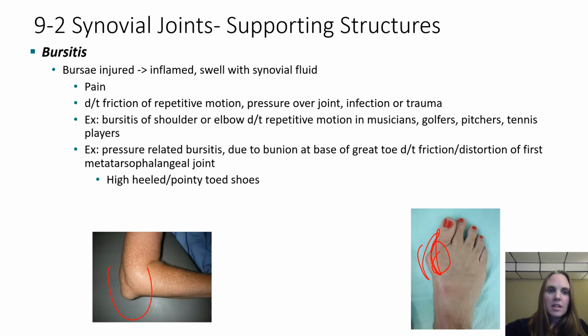And this picture on the left is an example of bursitis that we might see in, for example, a tennis player. High-heeled or pointy-toed shoes can be a cause for the pressure-related bursitis in the feet. So just keep that in mind when you're choosing your footwear.